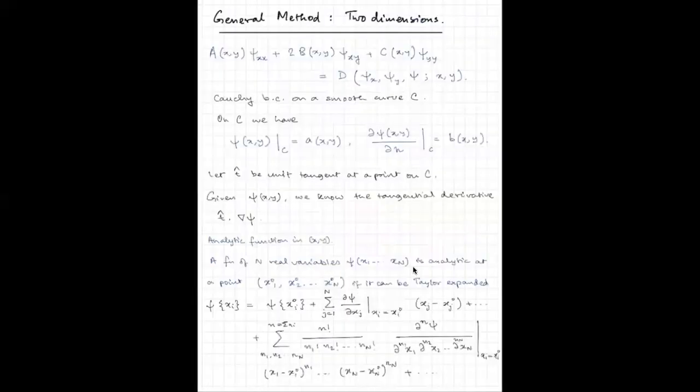But let me just also remind you that what you were given is psi of xy at c, which was a of xy, and del psi del n at c, which was b of xy.